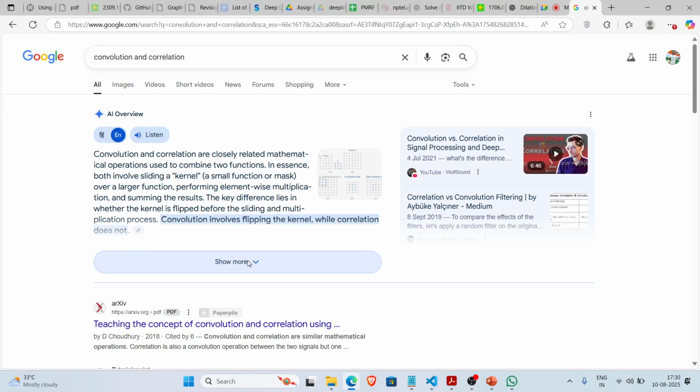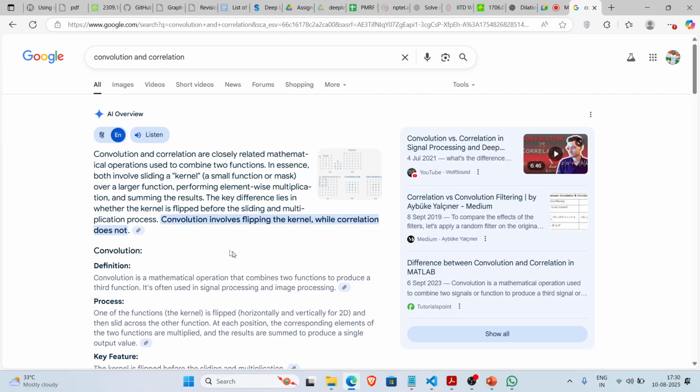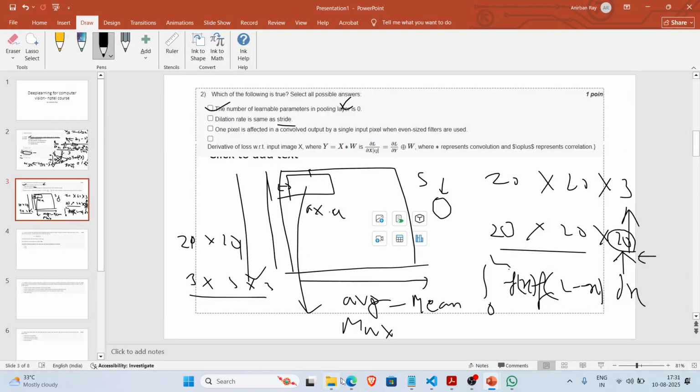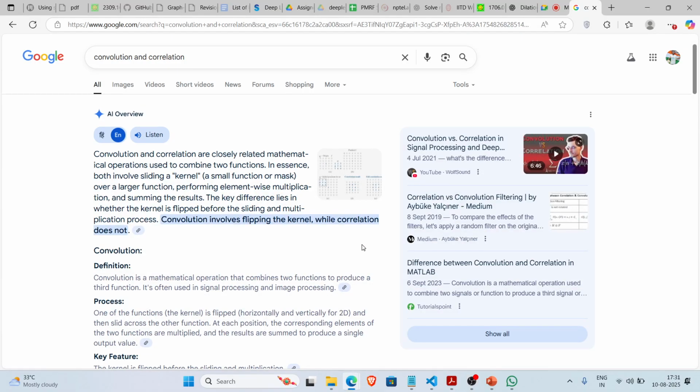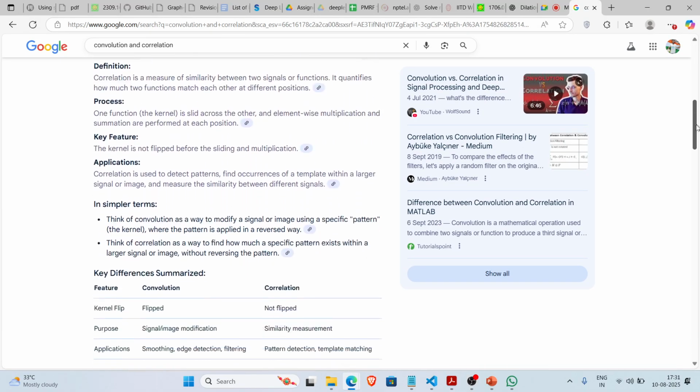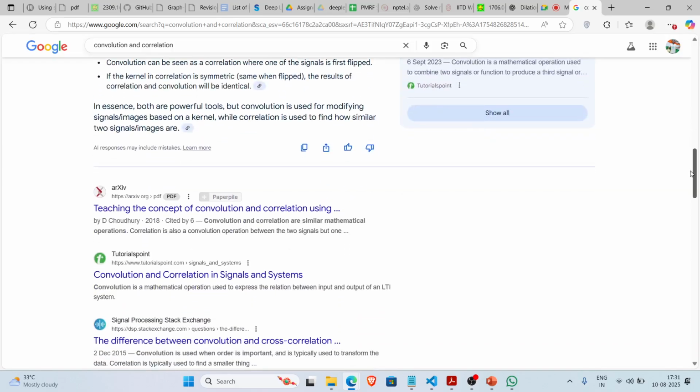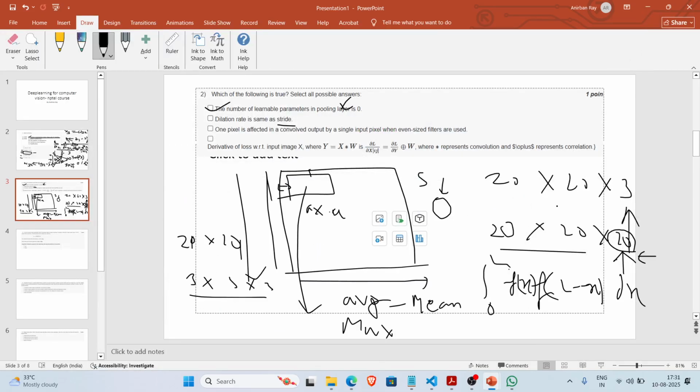You can see that convolution we do by flipping the kernel. This filter is also called a kernel. While correlation does not flip the kernel while taking this operation. So this is the difference actually. In convolution you do flip the kernel.